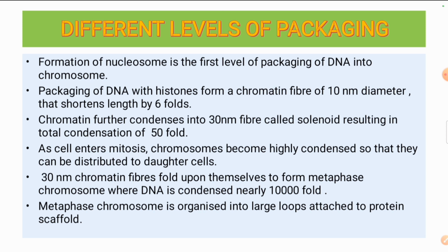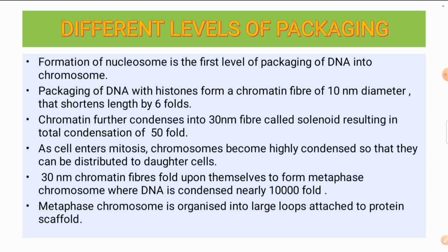The packaging of the DNA into a 10 nanometer chromatin fiber, which we are calling the nucleosome, shortens the length by around 6-fold. Now this 10 nanometer fiber further condenses into a 30 nanometer fiber, resulting in a total condensation of about 50-fold. This 30 nanometer fiber is called the solenoid.